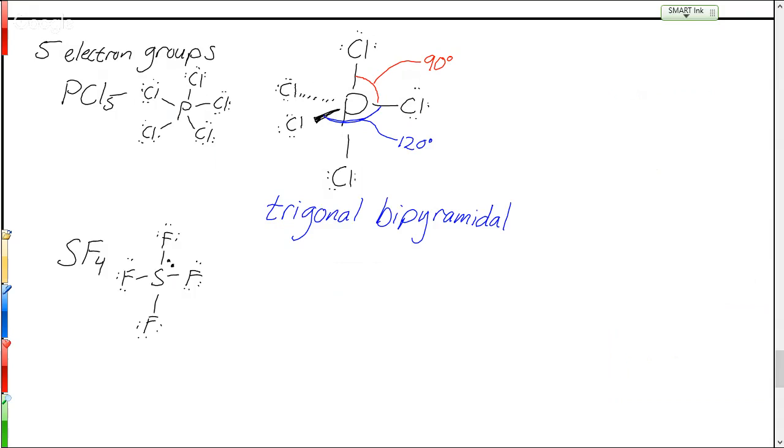In our other examples previously, we could put that lone pair on any position. On ammonia, all 4 positions of a tetrahedron are the same, so it doesn't matter where you put that lone pair. But now it does matter. Should the lone pair go on one of the axial positions or one of the equatorial positions?